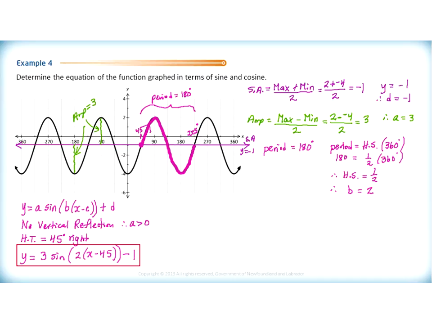So now let's look at another equation in terms of cosine. So now we will look at y equals a times the cosine of b times x minus c plus d. Now, in order to get the equation of the cosine function, we need to pick a section of the graph that represents a V-shaped section.